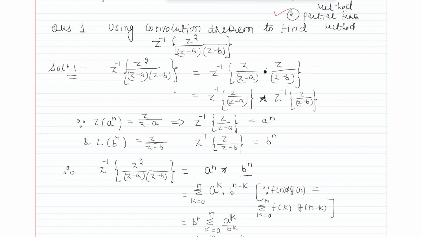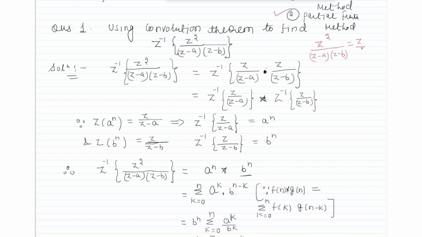In this question, what is written? Using the convolution theorem, find the z inverse of this function. Obviously, this particular function is z squared upon (z minus a)(z minus b). We can split this function into two sequences. How can we split?